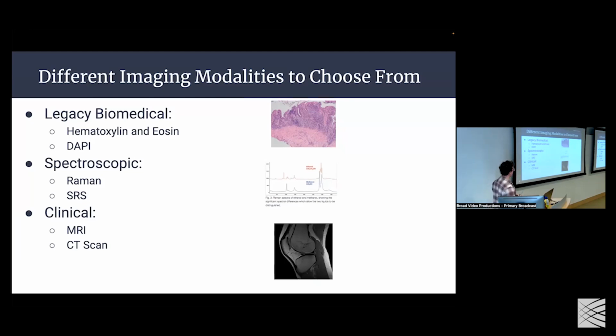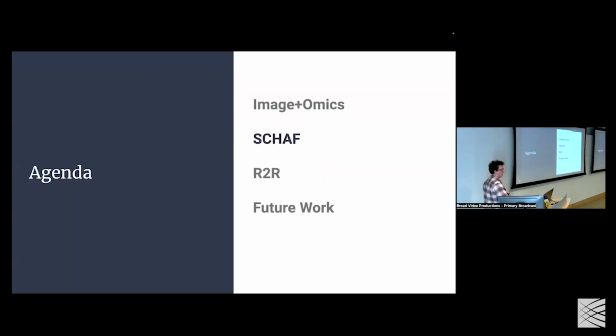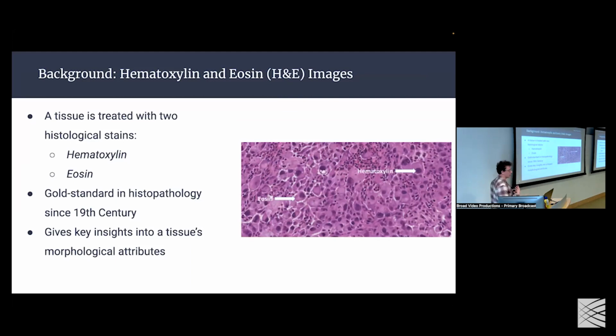And for the purposes of this talk, we'll be working largely with H&E data, so we'll start with that. Each of these three families has its merits and disadvantages, and without further ado, let's start talking about the main subject of this talk. As some background for those that are not familiar, Hematoxylin-and-Eosin images are very well established, very widely used in the biomedical and pathological community.